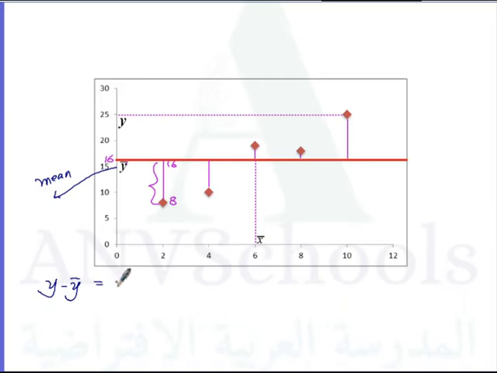So this is the deviation from the mean, okay? You got it? So these are deviations from the mean. Okay? Now, what is so important here is that the deviations from the mean, if we take the mean as a horizontal line, you can see that the deviations are far, far away from the mean.